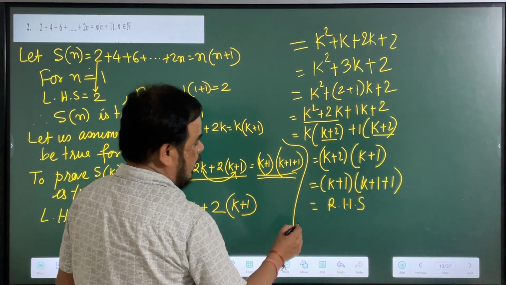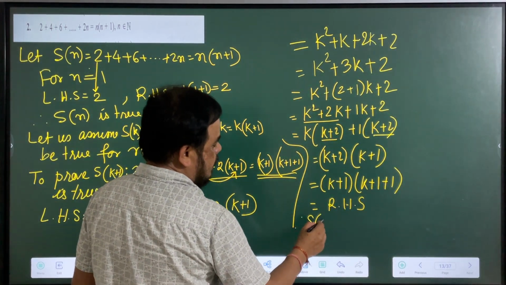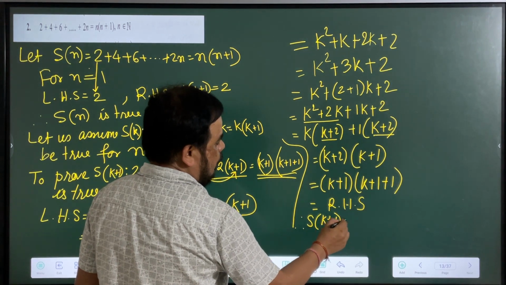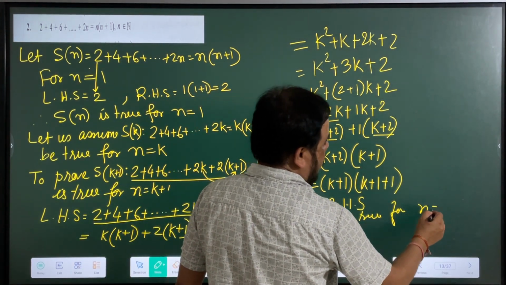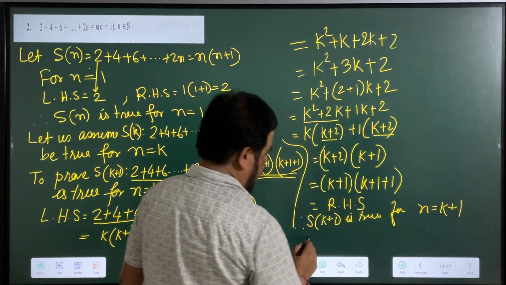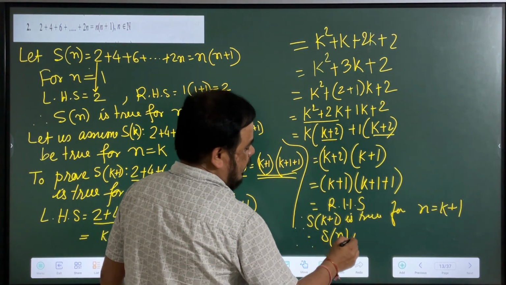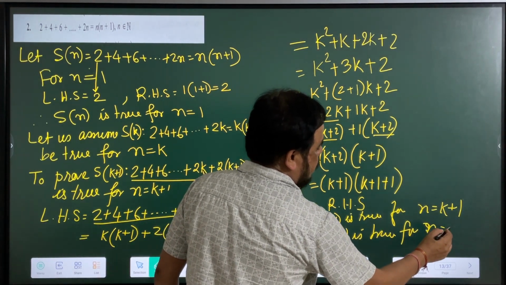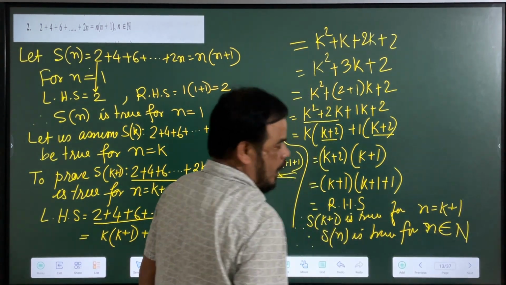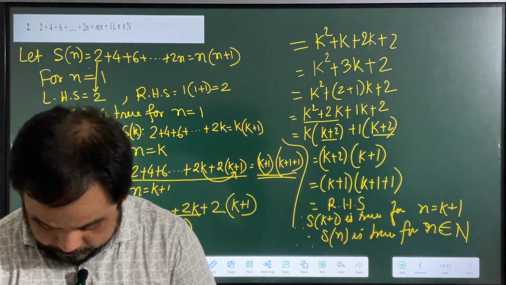Therefore, Sk+1 is true for n = k + 1. Again therefore, Sn is true for n belongs to natural numbers. That is what we can write.